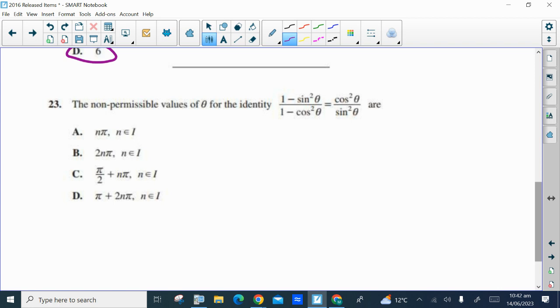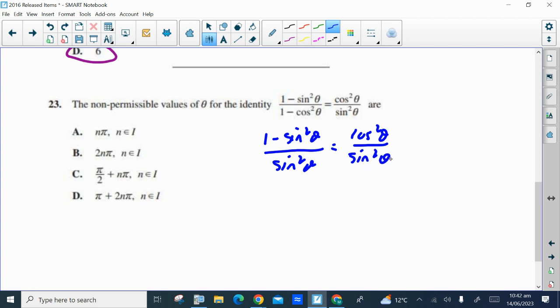The non-permissible values for this identity, those come from the denominators. And remember, from the Pythagorean identity, 1 minus cos squared theta is the same as sine squared theta. You can rewrite this as 1 minus sine squared theta over sine squared theta equals cos squared theta over sine squared theta.